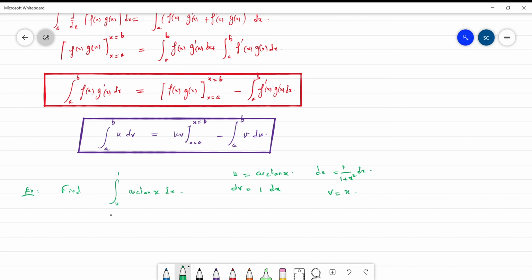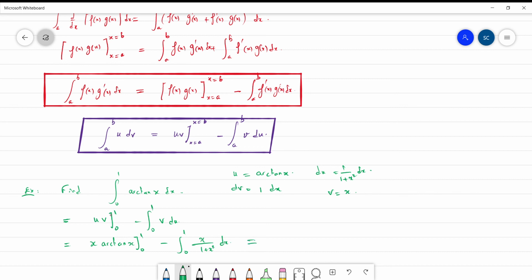Now let's come back here. It will be uv taken between 0 and 1 minus the integral from 0 to 1 of v du. So uv is x arctangent x from 0 to 1 minus the integral from 0 to 1 of x over 1 plus x squared dx.